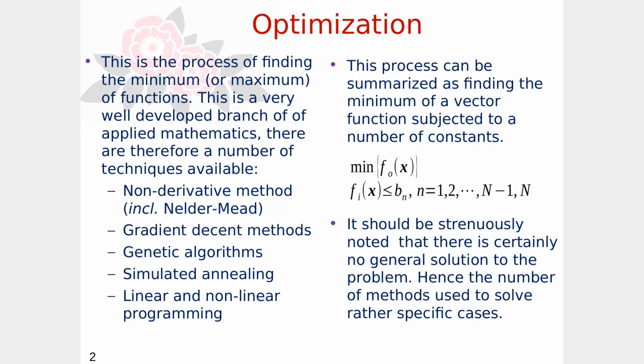So we say this is a minimum of the objective function f0, and then we have other functions fi, which are constraint functions, which will be less than a particular vector bi, when i goes from 1 all the way up to big N. It should be strenuously noted that there's certainly no general solution to the problem, and hence a number of methods are used to solve rather specific cases, and will be the main subject now of this video lecture.